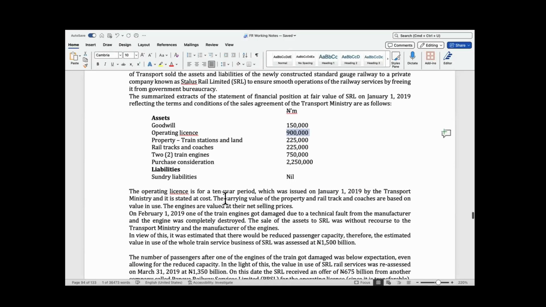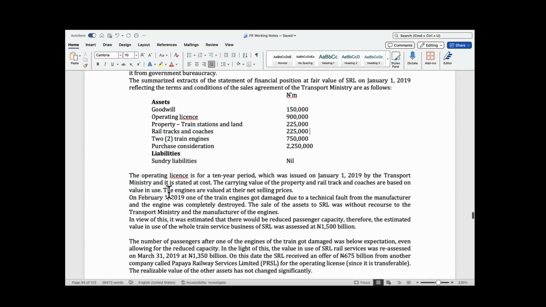Also, I'm told that the carrying values of the property, rail tracks and coaches are based on value in use. So these two are based on value in use. That means we can get the value in use of these two items.